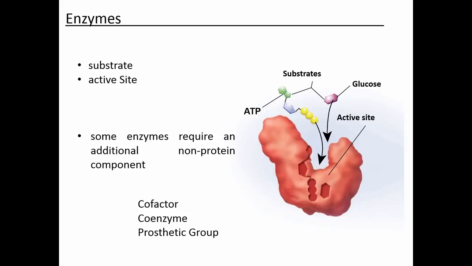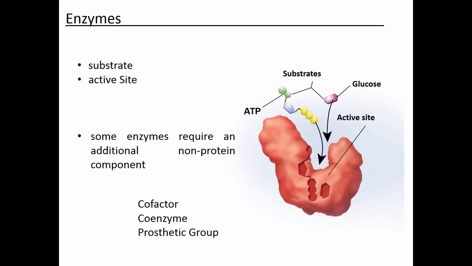As an example, they gave you sucrase in the animation. Sucrose can bind to sucrase, and sucrase can break it down. But if you take another disaccharide, maltose, maltose cannot bind to sucrase's active site, and so sucrase cannot break down maltose. You have a separate enzyme called maltase that would break maltose down.